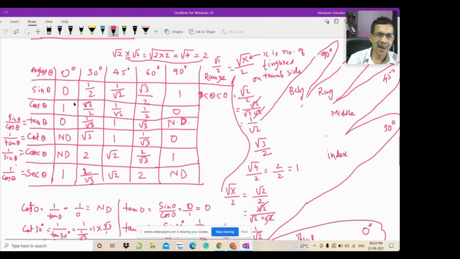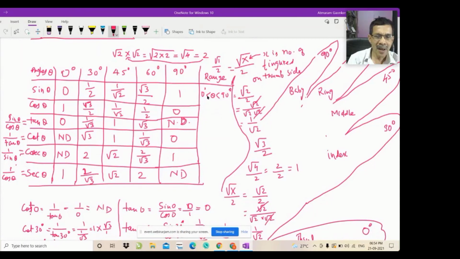Let me write this again properly. Theta is greater than 0 degrees and less than 90 degrees.